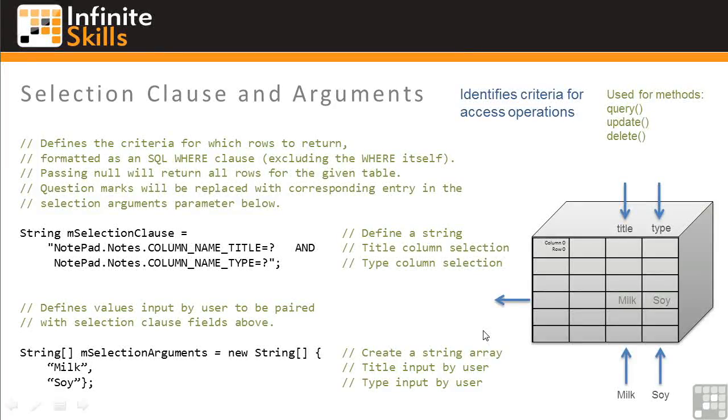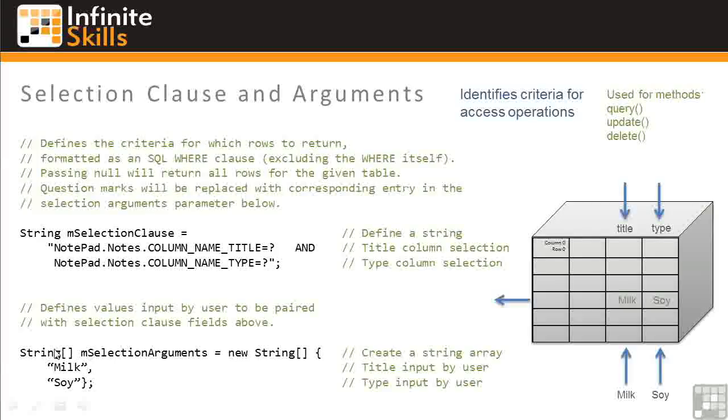Note that the Notepad sample app doesn't include a type column as I've included here. I'm using one here to help demonstrate some of the parameters. If our data set looked like the example here, where there was one row meeting the criteria, that row would be selected for the query, update, or delete, depending on the method being used. Note that the selection clause is a string, and the selection arguments are a string array.